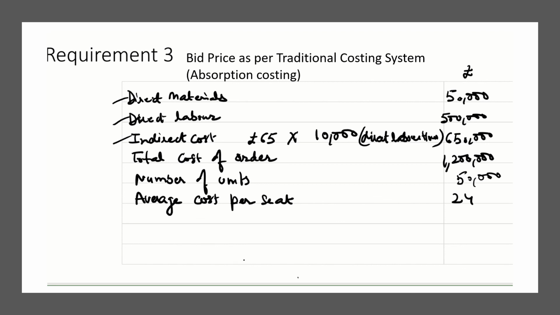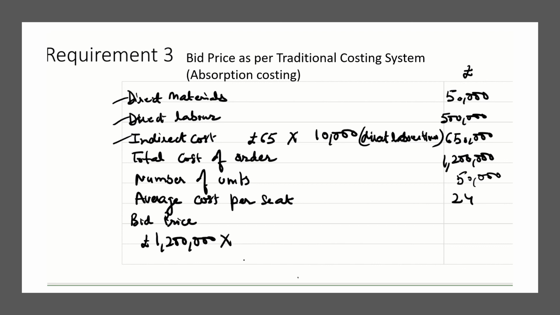Since in this case the company is using the cost plus markup approach for finding out the bid price, let's calculate the bid price as well using the traditional system. Bid price is basically cost plus markup. The cost is 1,200,000.